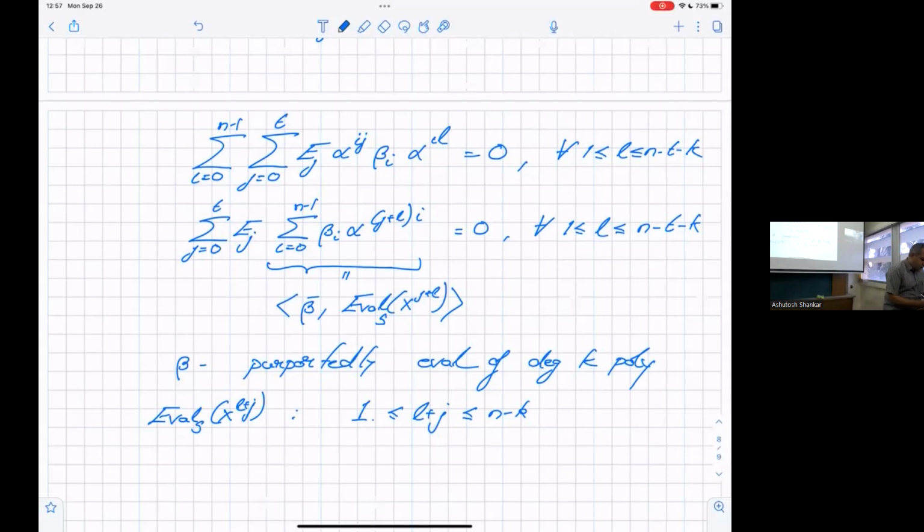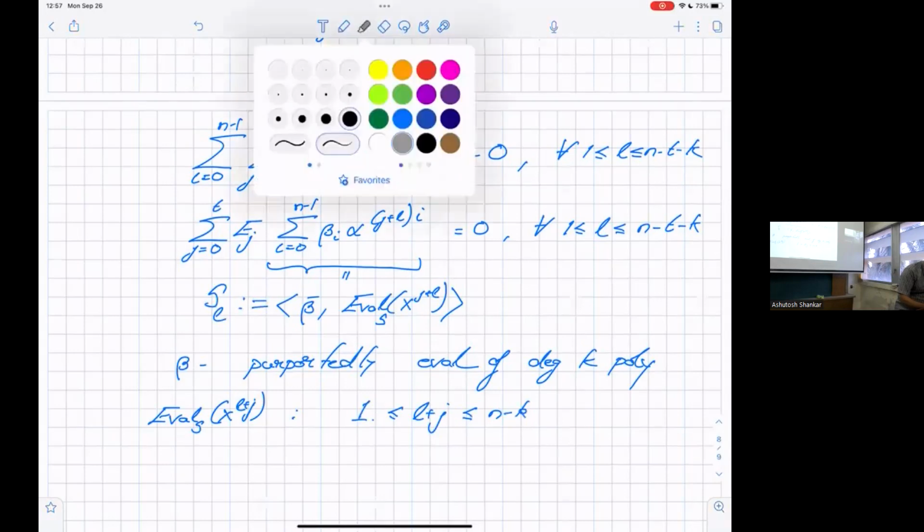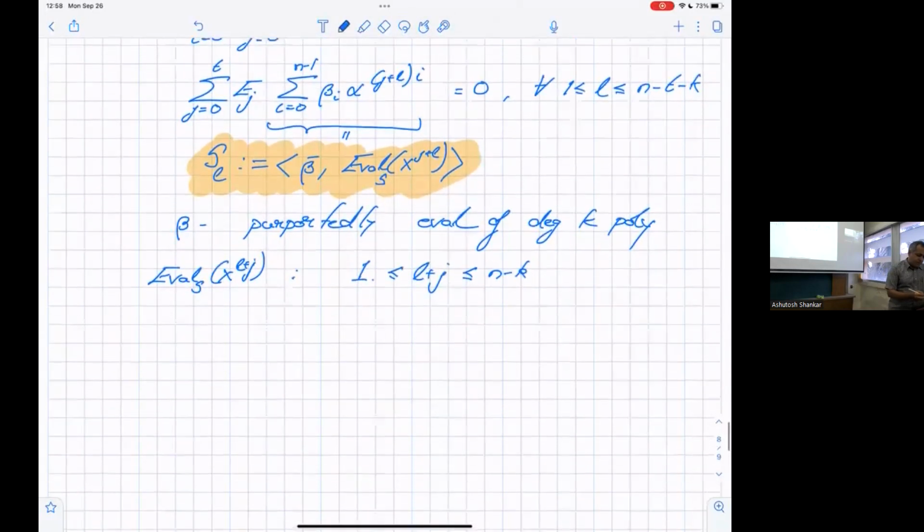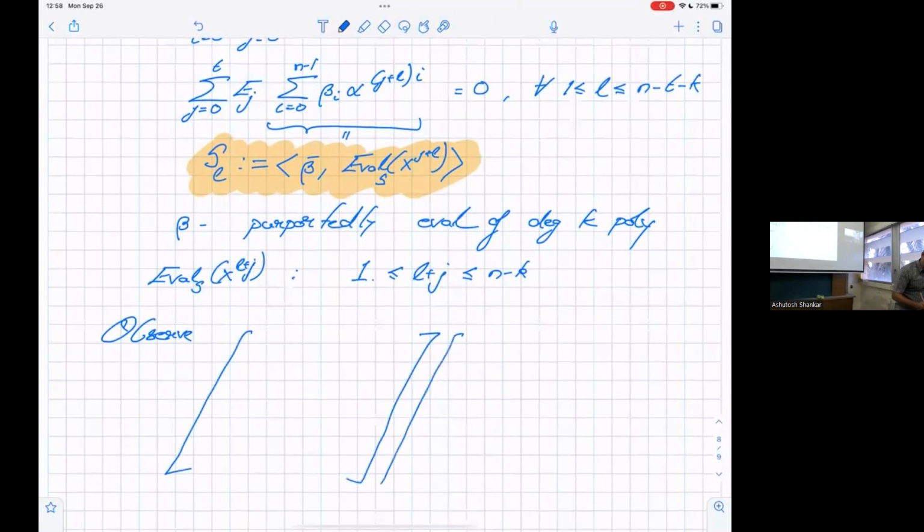So let's define this quantity. Okay, let me write this definition. And all I want to observe is that, just writing here, beta 0, beta 1, all the way up to beta n minus 1.